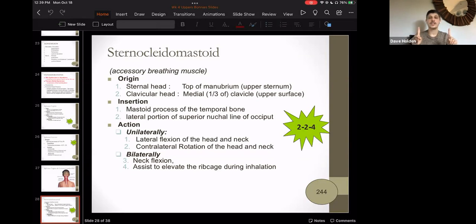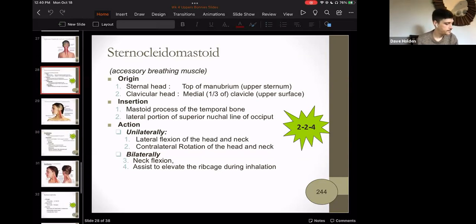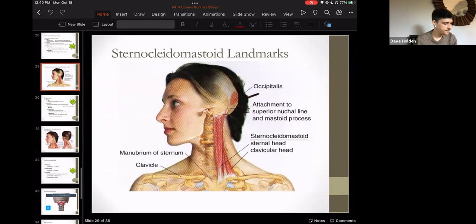Bilateral, we've got neck flexion. We also have, if we pull up on the origin, elevation of the rib cage during inhalation. So this can be a breathing muscle, which we just kind of latch onto the sternum and pull up. SCM, good stuff.